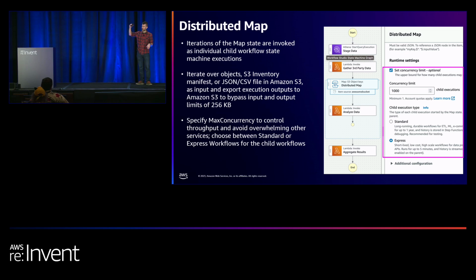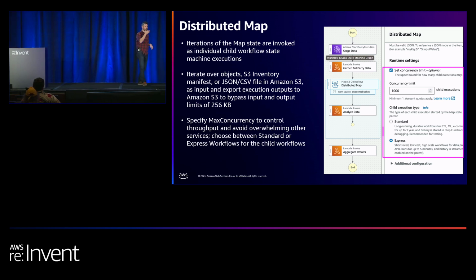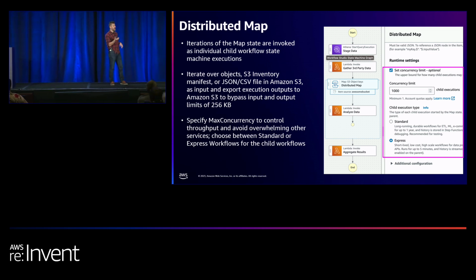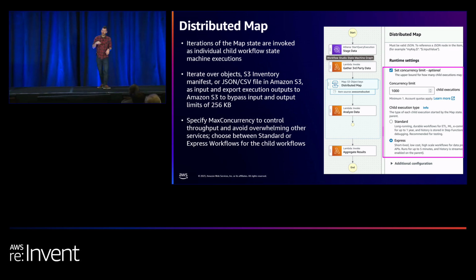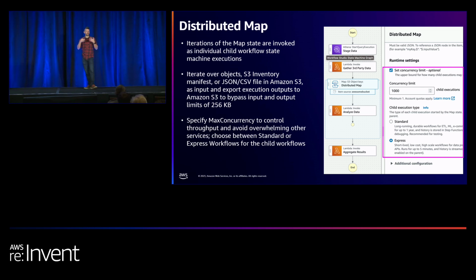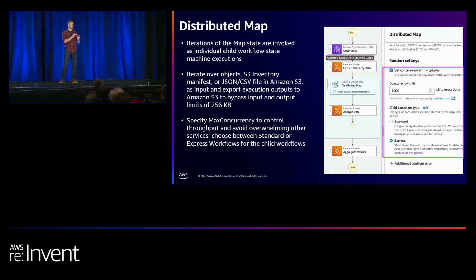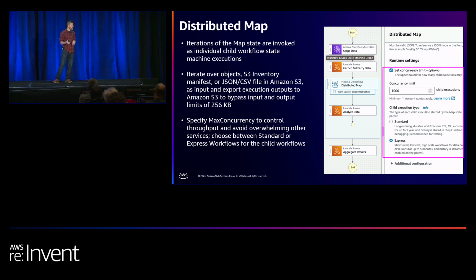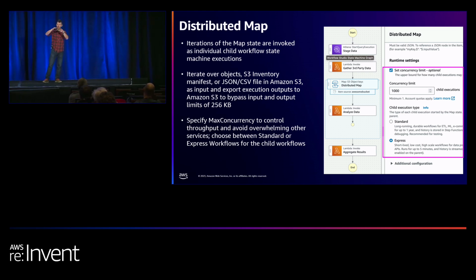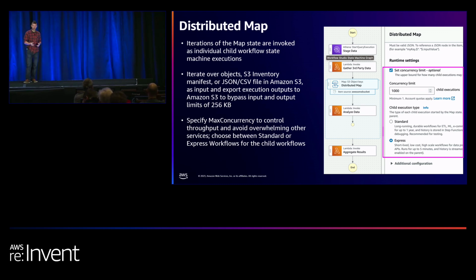You pay per state transition with Standard workflows, so that's where you get that waiting for free. Express Step Functions are used for high volume, transactional workloads. They can only run for a maximum of up to 5 minutes, but they can be a good choice for the child workflow within the Distributed Map if it's going to run for less than 5 minutes.